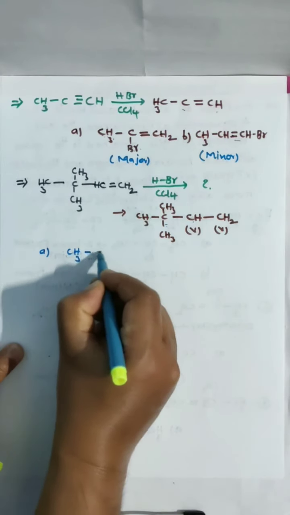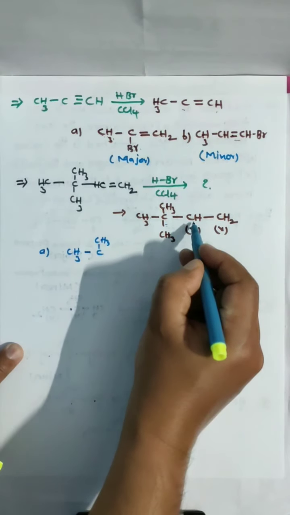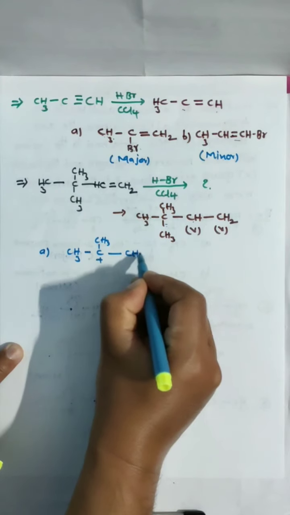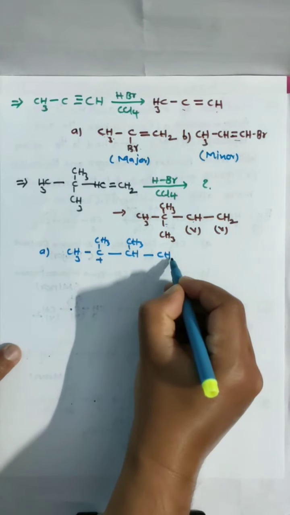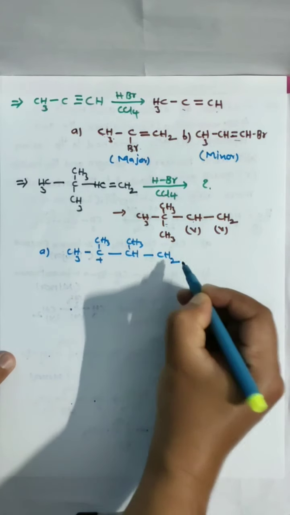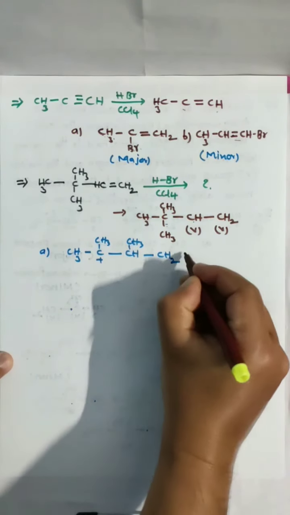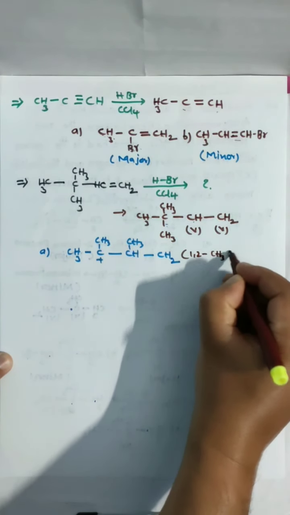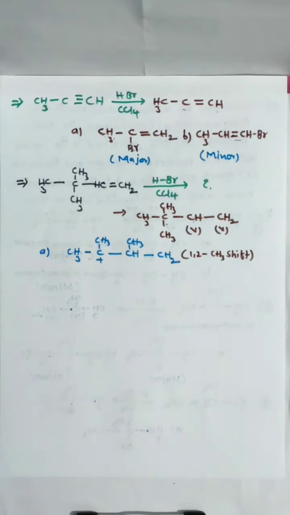CH3 bond C, CH3. This methyl will shift to here. Then here you are getting carbocation bond CH, CH3 bond CH2. Clear? This is what we call 1, 2 methyl shift. What is the meaning of 1, 2 methyl shift?